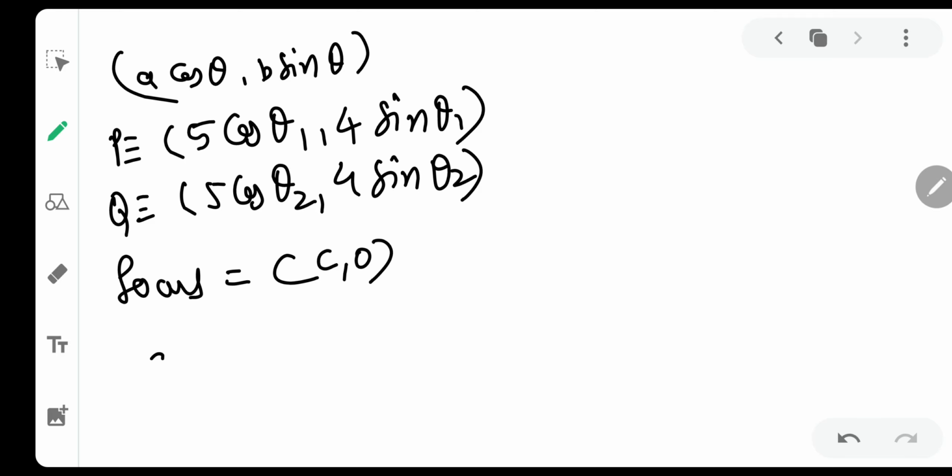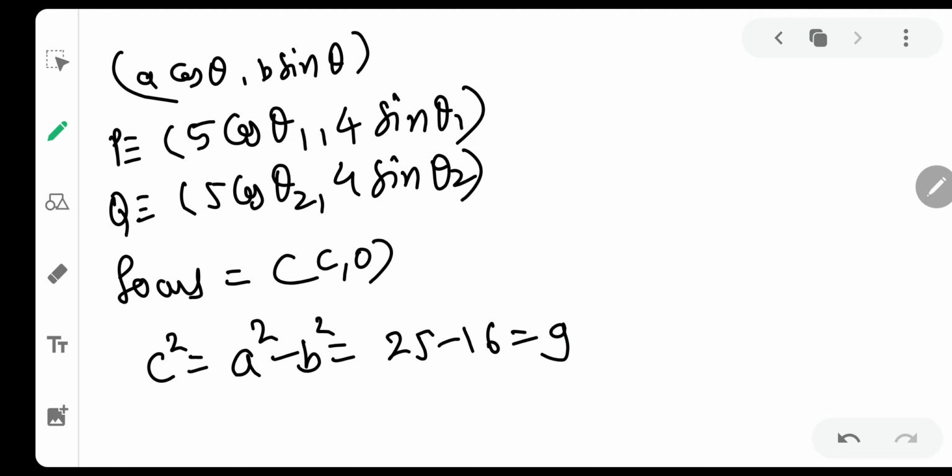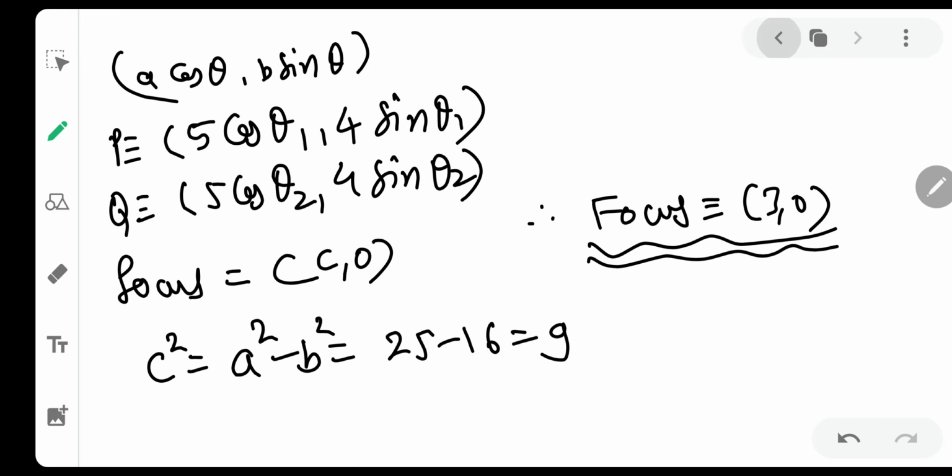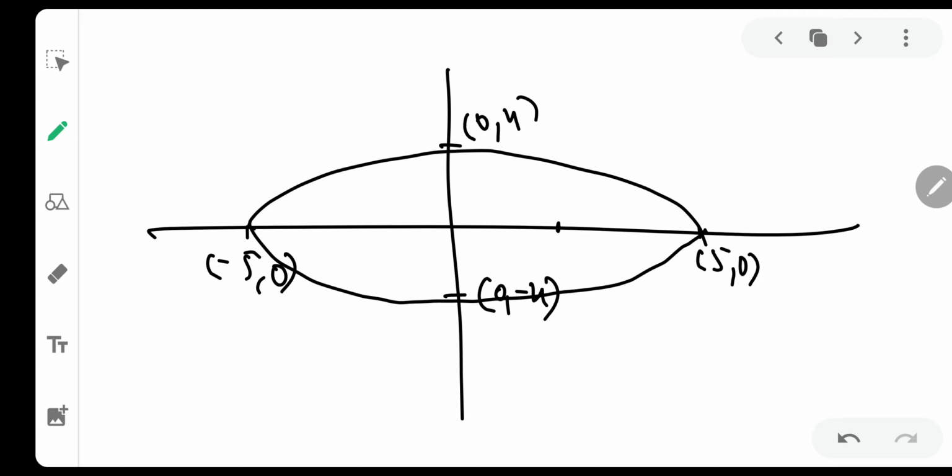What is the value of c square? It is definitely a square minus b square, which is 25 minus 16, equal to 9. Therefore the focus can be treated as 3 comma 0. This is the positive focus. So this will be somewhere here, 3 comma 0, F1, and somewhere here F2, minus 3 comma 0.